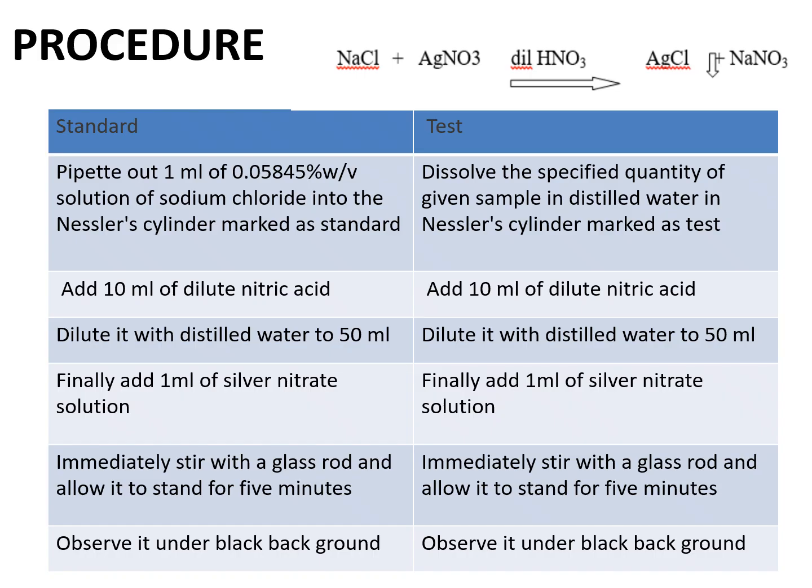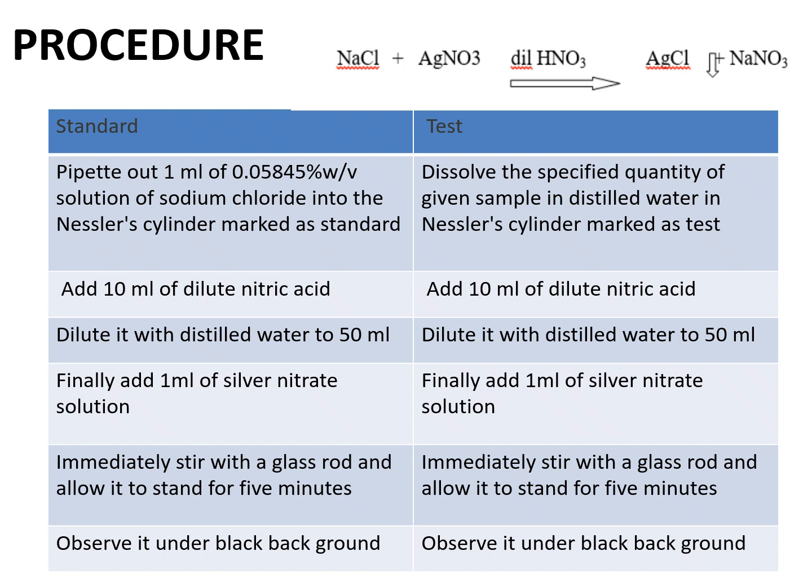Next, the procedure. As I already mentioned, sodium chloride reacts with the silver nitrate in the presence of dilute nitric acid to form silver chloride. For the procedure we need both the standard and the test apparatus, that is, two Nessler cylinders, one standard and one test.